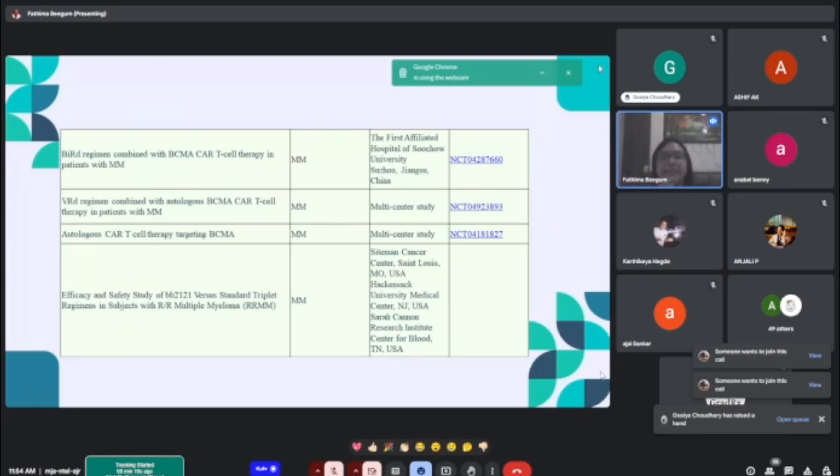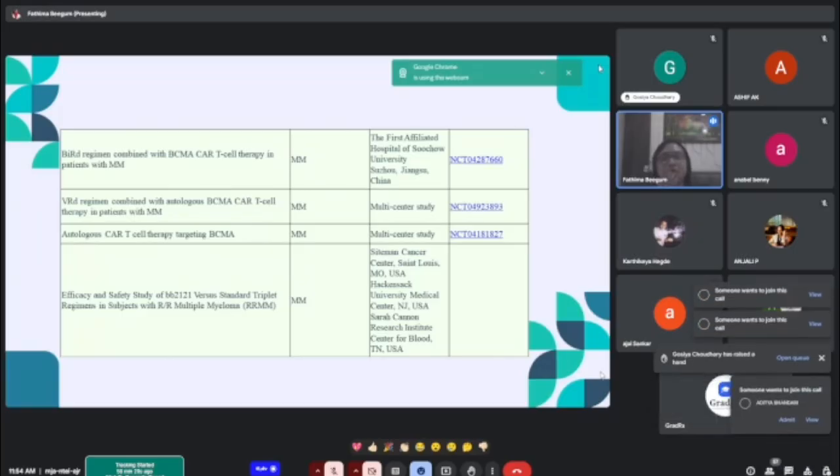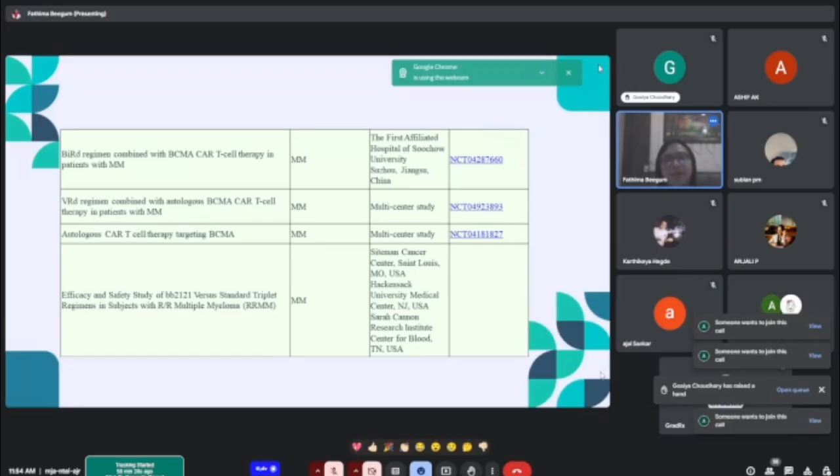Then the BRD regimen is there. You may be knowing about that cancer regimen, where dexamethasone is there along with clarithromycin.